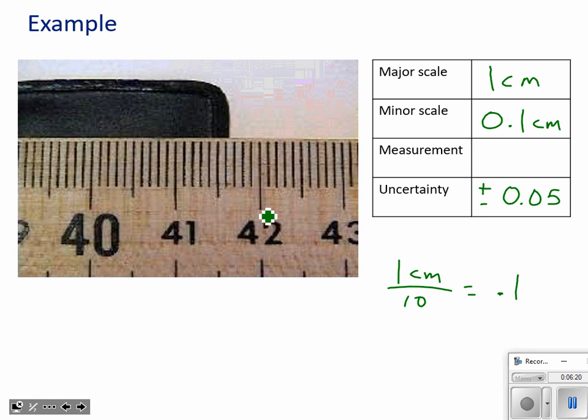So what that tells me is every one of us in here should be able to have a value for this measurement within plus or minus 0.05 of each other. You think we could do that? Think we can do that?